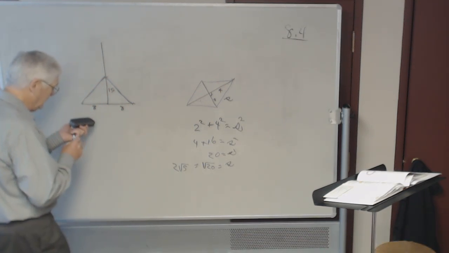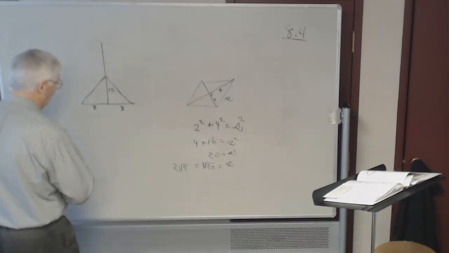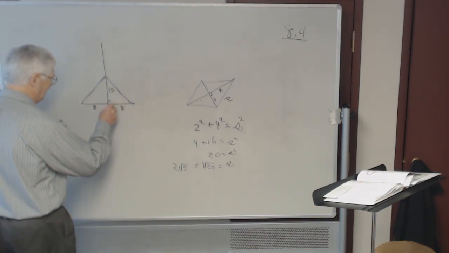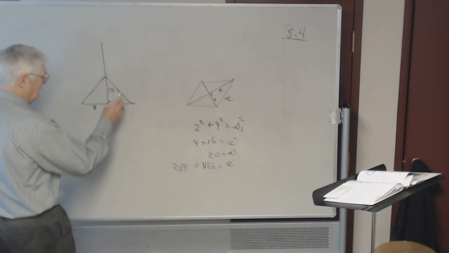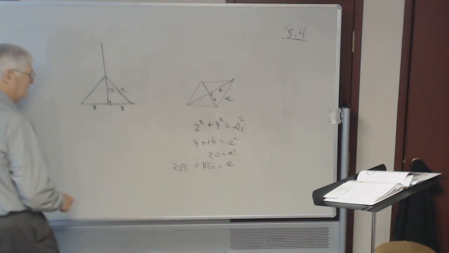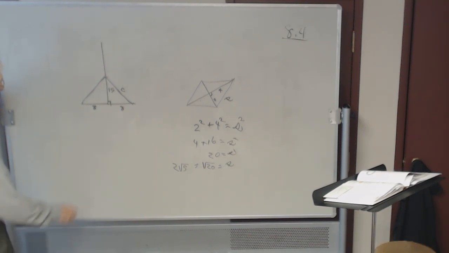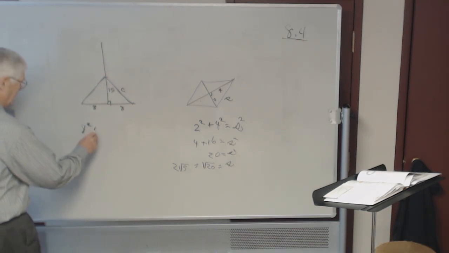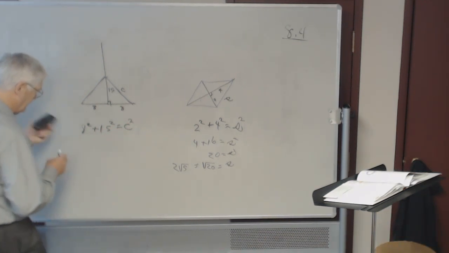Well, what I'll do is I'll find the length of half of the cable by using my Pythagorean theorem, and then just double it. So we'll call this C, but it's only half of the C because there's another one over here. So that means 8 squared plus 15 squared equals C squared.